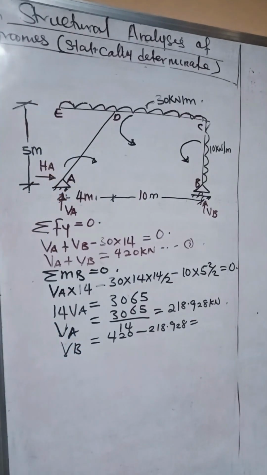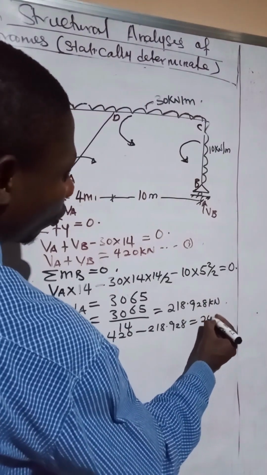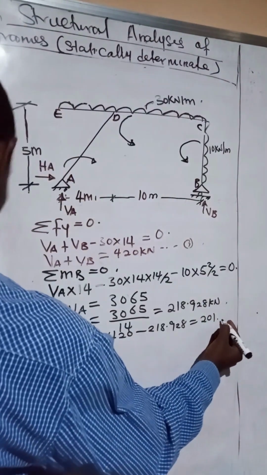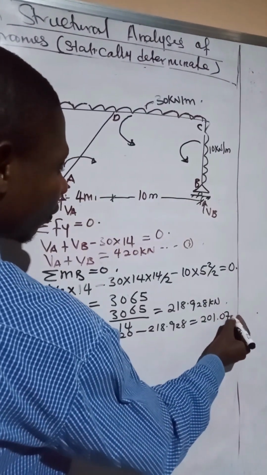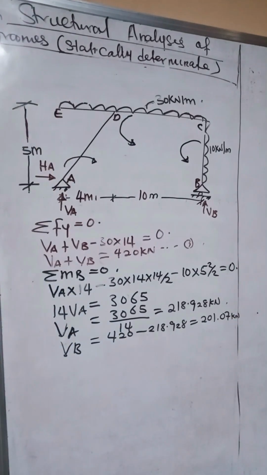So if we work that out, that will give us 201.07 kilonewton. Okay, so 201.07 kilonewton. This is what we have for this particular work.